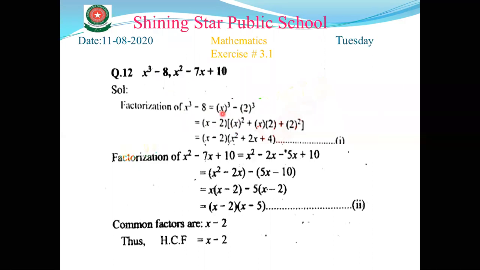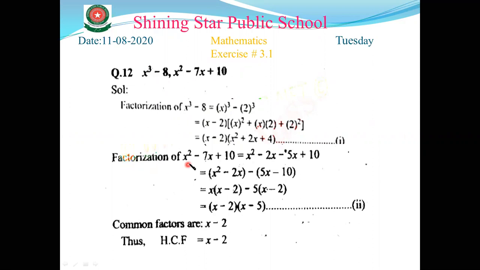A square means x square, plus ab means x multiplied by 2, plus b square means 2 square. Now x minus 2, x square plus 2x plus 4, which is the answer of x cube minus 8.